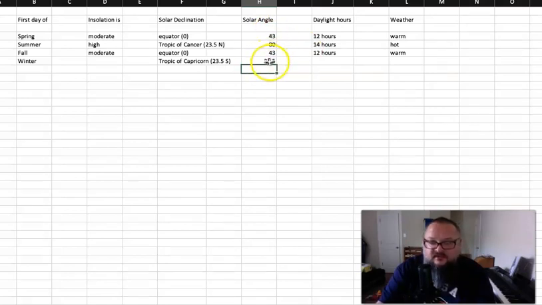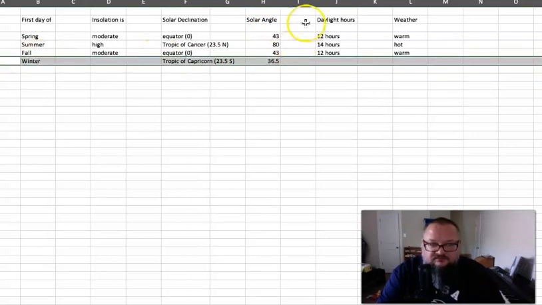You see that it's not a straight line, is it? The difference between summer and the first day of fall, or the first day of fall and first day of spring, are much different than the first day of winter in those two days, right? But the lowest day of the year is this first day of winter. So the sun doesn't get very high up in the sky.